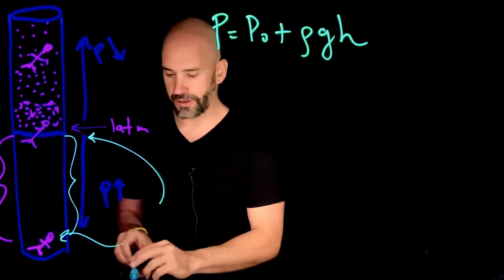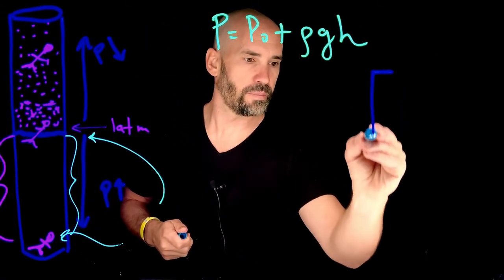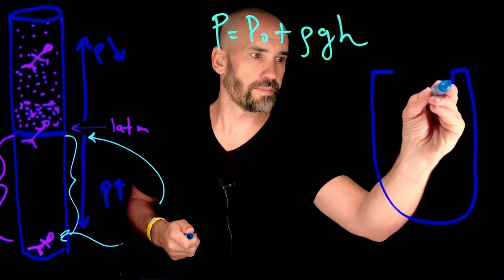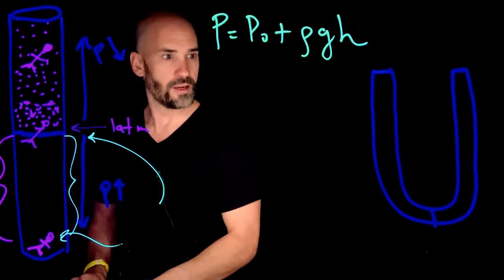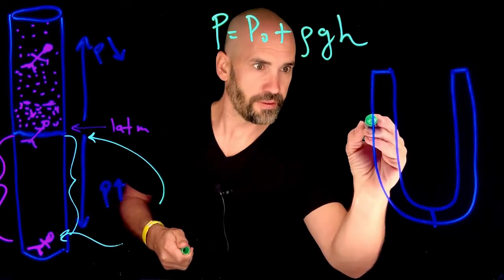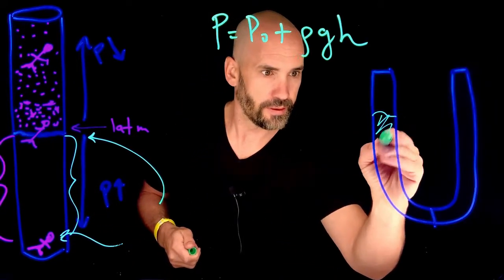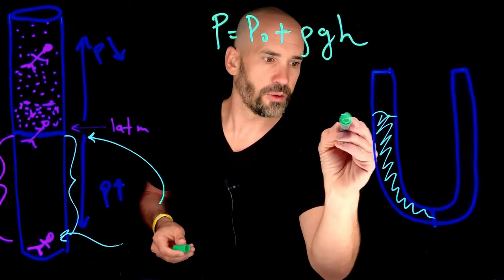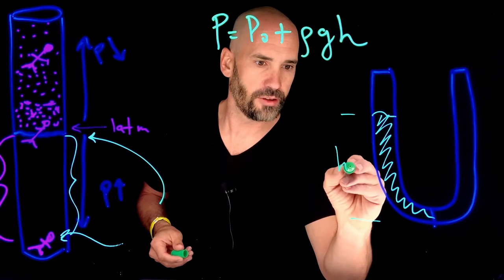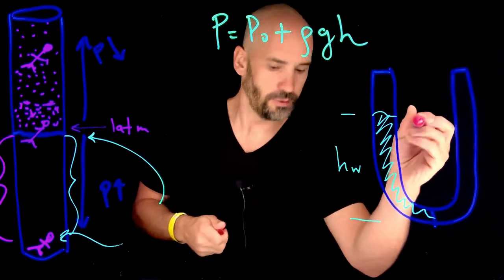Okay, so the manometer looks something like this. We have basically this U-shaped situation, right? And there's two different fluids. One is the water that's over here, and that has a certain height, right? And we're going to call that the height W for the height of the water. Okay. And then we have another fluid over here.